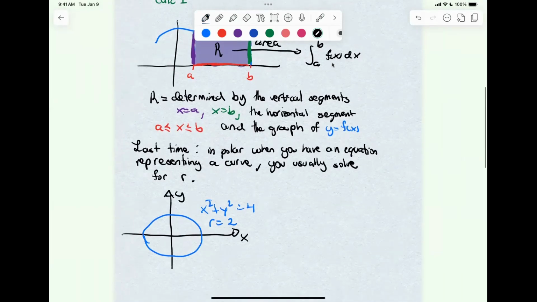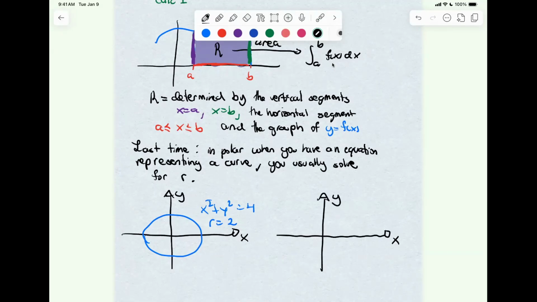Another example, just to stick to circles, would be a circle with center at 0, 1, which is x squared plus y minus 1 squared equals 1. Let's say it's a unit circle. Then if you write that in polar, you get r equals 2 sine of theta.